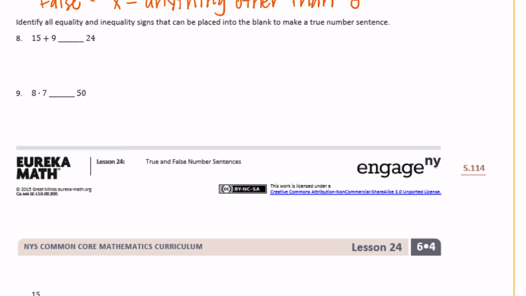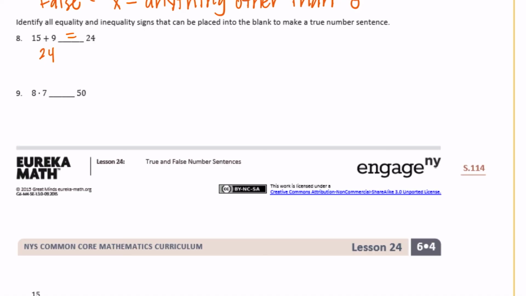Identify all equality and inequality signs that can be placed into the blanks to make a true number sentence. Okay, so now we're just placing the inequality signs. So, for example, 15 plus 9 is 24. So 24, we could put 24 is equal to 24.